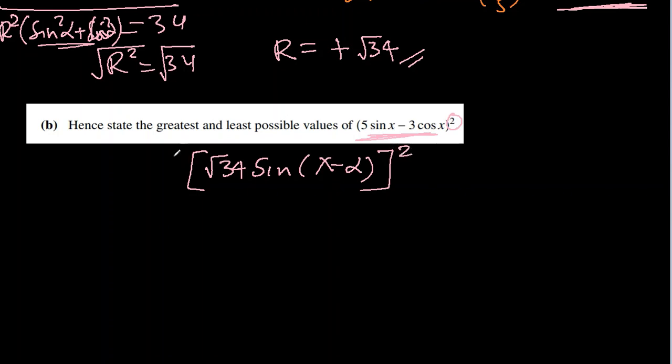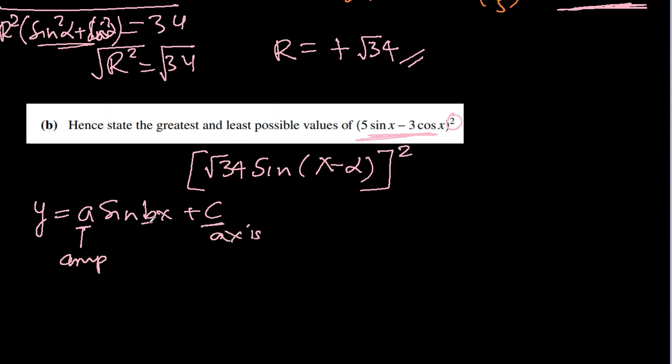Okay, so to find the greatest and least possible values, we should first know what is the greatest and least value of any y equal to a sine bx plus c, right? This is always the amplitude, this is the axis of the graph, and this is 2 pi over the period.